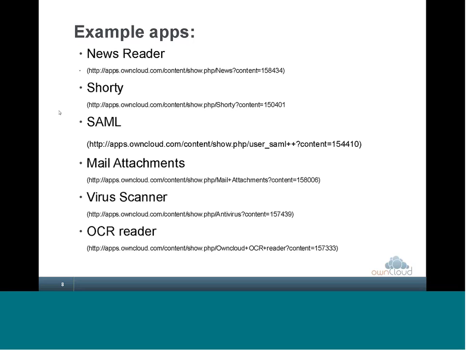The third one is an example for a user management backend. So this is a third-party application that implements a SAML backend. So this is also a very powerful authentication protocol, and someone implemented a plugin and app for that. And if you install that in your ownCloud, then you can log in with SAML into your ownCloud.